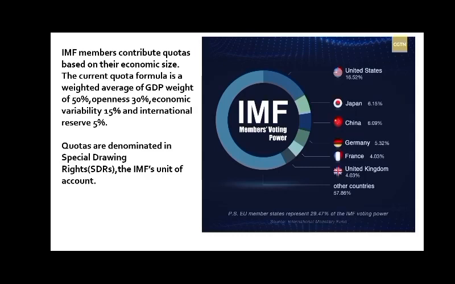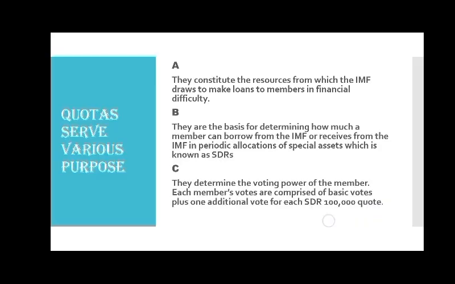And from this chart, we can also see that the United States contributed 16.52% of the total amount, and then comes Japan, which contributed 6.15%, then China, 6.09%, Germany 5.32%, France 4.03%, United Kingdom 4.03%, and the rest of the world contributed 57.86% of the total amount.